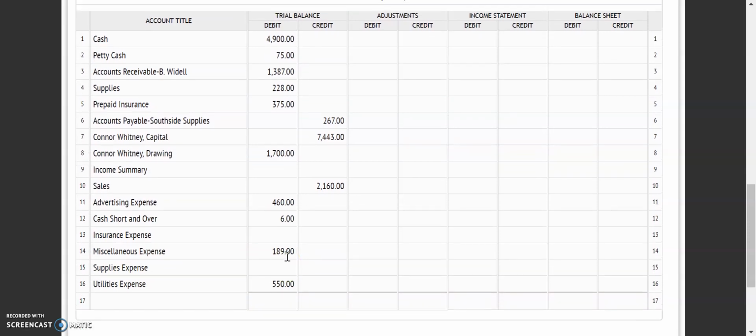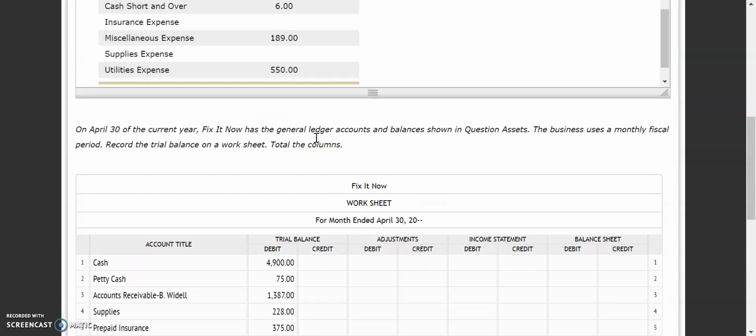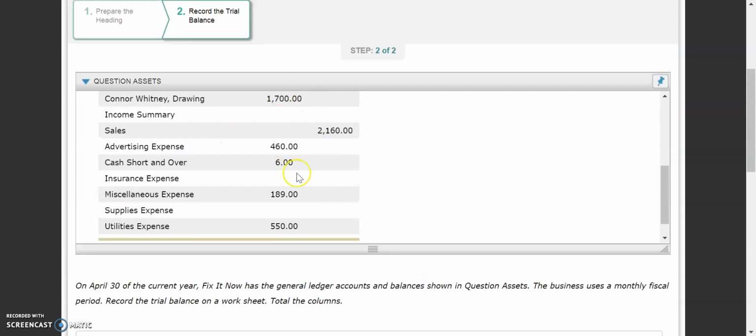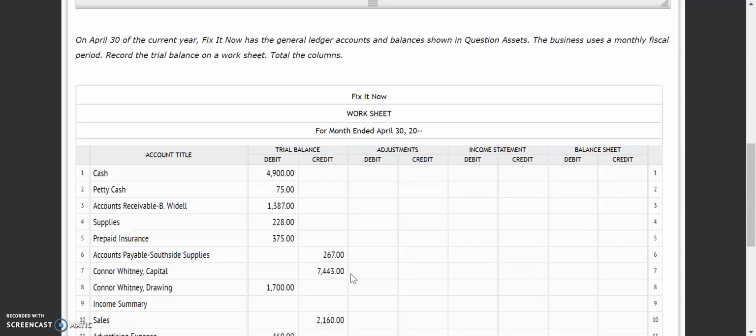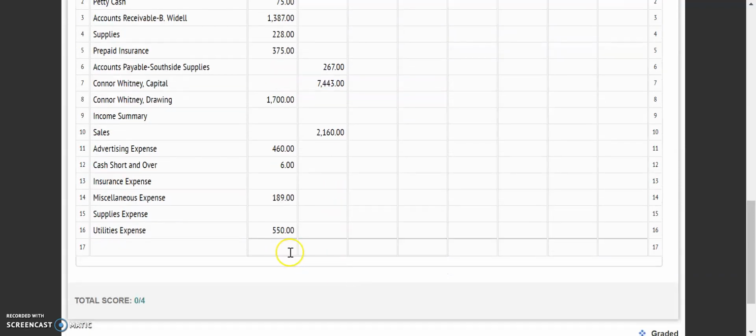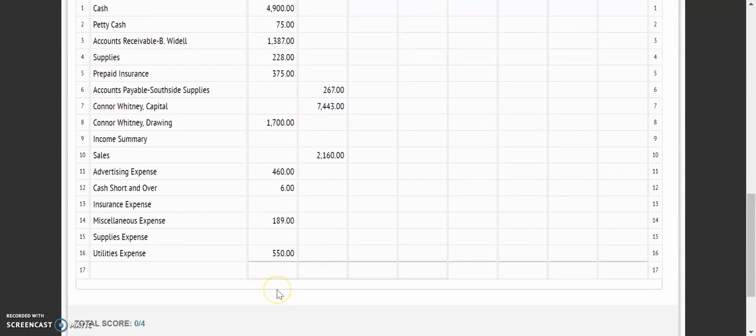Now, as I said before, you have to know where this information is coming from, because as easy as Aplia and MindTap make it, they just put it right up there for you. You need to know that that information actually is coming from your general ledger, okay? Now, the last thing that we need to do is we need to total our trial balance columns to make sure that our debits equal our credits.